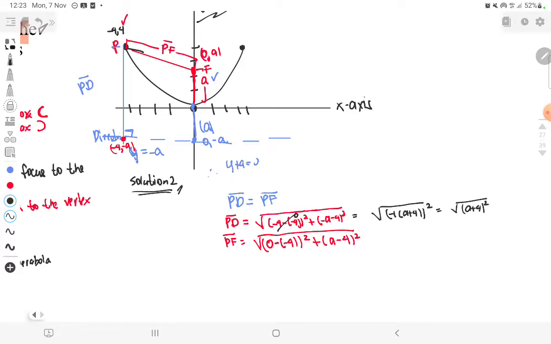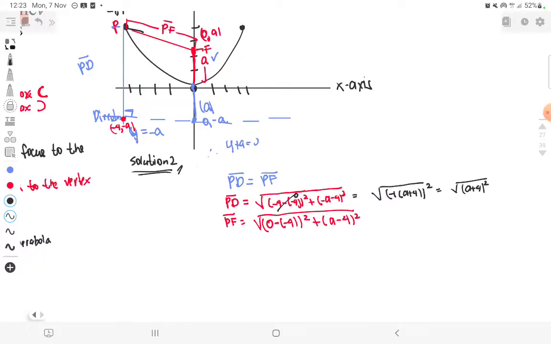Notice that I will not remove that square root immediately because we will have a value later on where the square root will be discarded. So we have our PD which is equal to a plus 4 squared, which is equal to the square root of negative 4 multiplied by negative 4 is 16, plus a minus 4 squared.